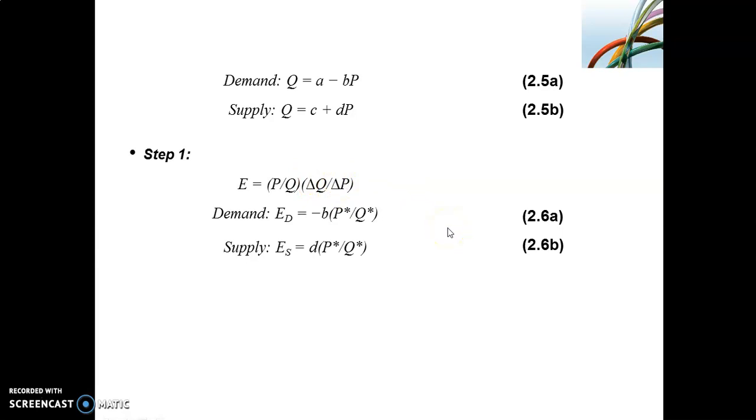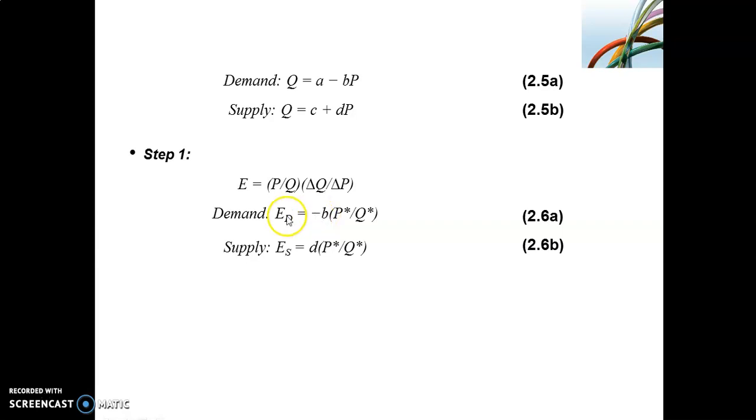And from 2.5a, we can see that the change in Q over the change in P is given by minus B in 2.5a. And for supply, the change in Q over the change in P is given by plus D in equation 2.5b. So these values are now substituted in the respective elasticity formulas.